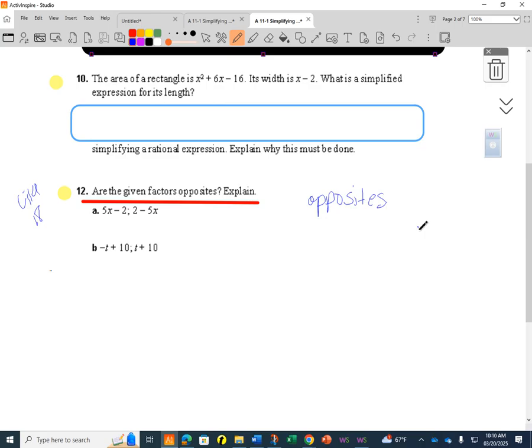Another way to say that would be that if you multiply one by negative 1, then you would get the other number. But we're just going to say opposites have different signs, because there are only 2 signs, one positive and one negative.